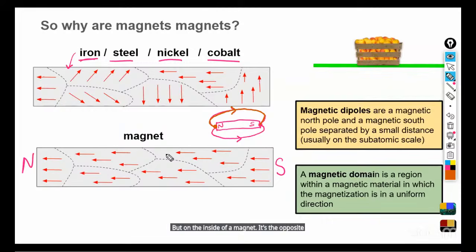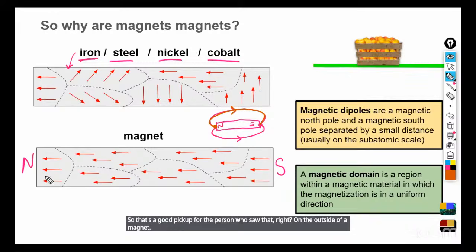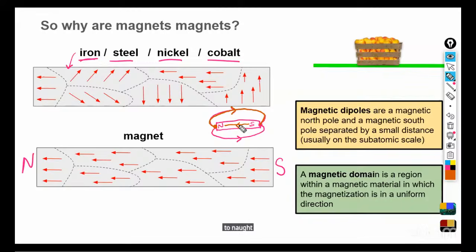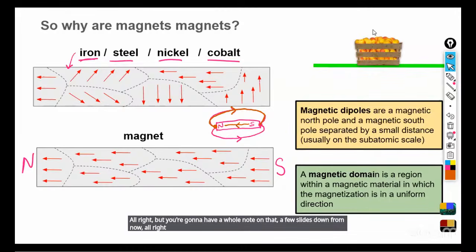It flows from south to north. So that's a good pickup for the person who saw that. On the outside of a magnet, the arrows go from north to south, but on the inside, if you were to go inside the magnet, it goes from south to north. You're going to have a whole note on that a few slides down from now. All right. So anyway, good question.